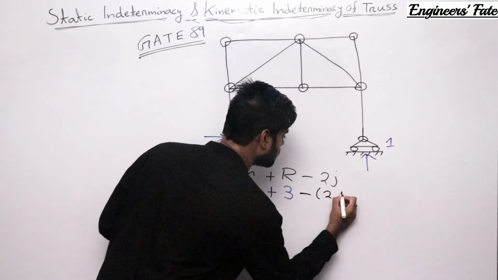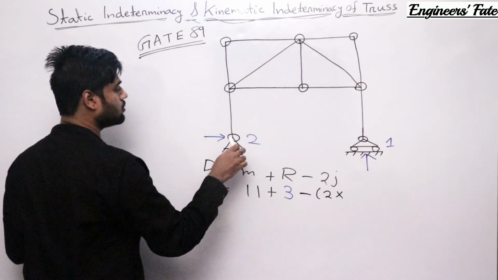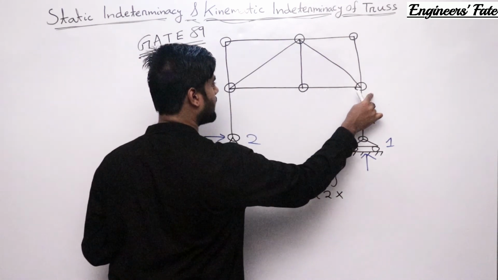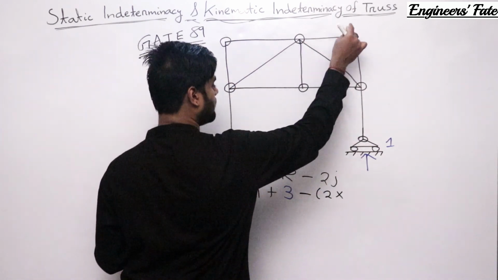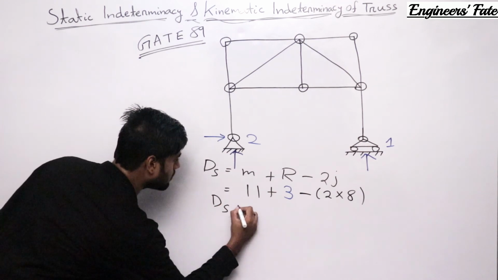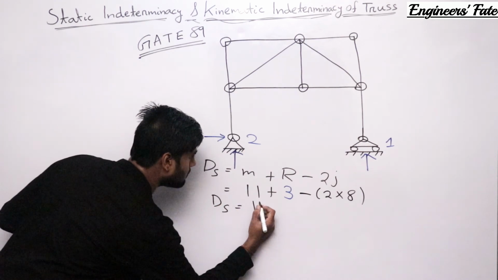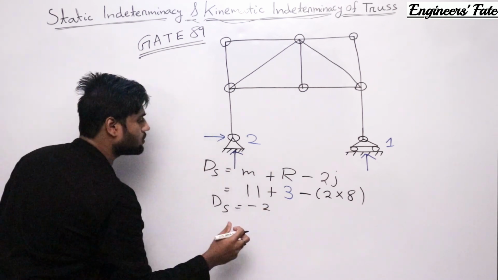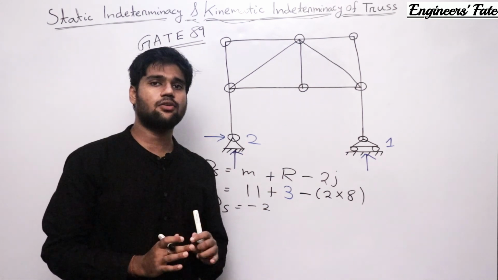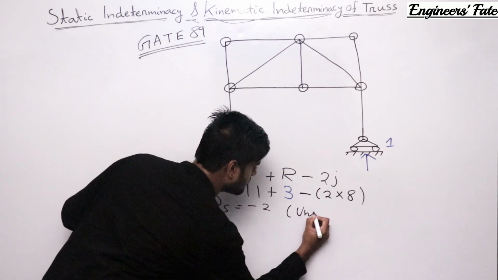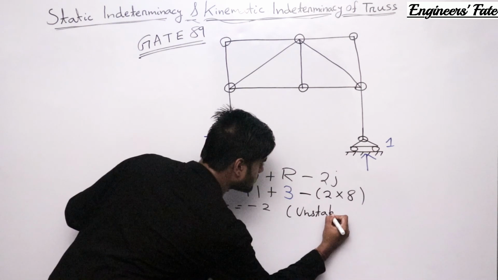Minus 2j, 2 into joints 1, 2, 3, 4, 5, 6, 7, 8. So Ds is equal to 11 plus 3, that is 14, minus 16, that is minus 2. If Ds is less than 0, we call it an unstable structure. So the structure is unstable.